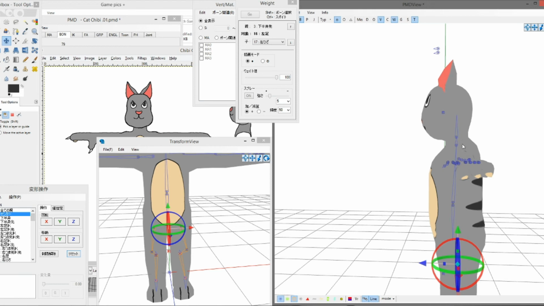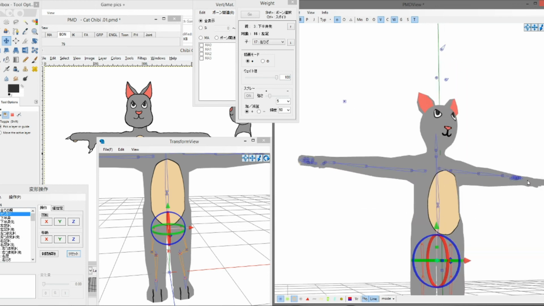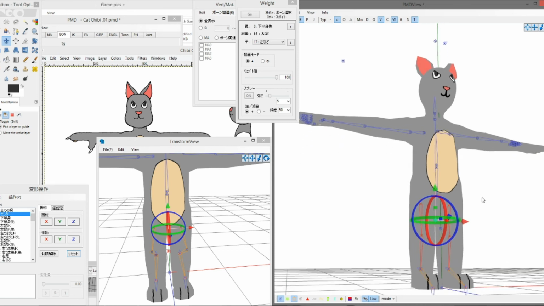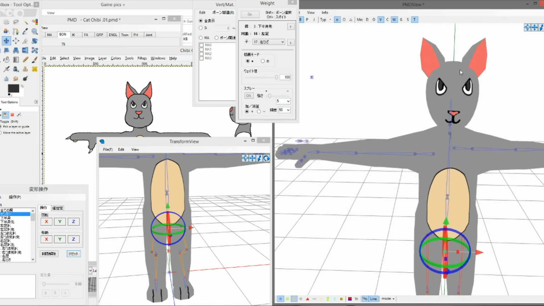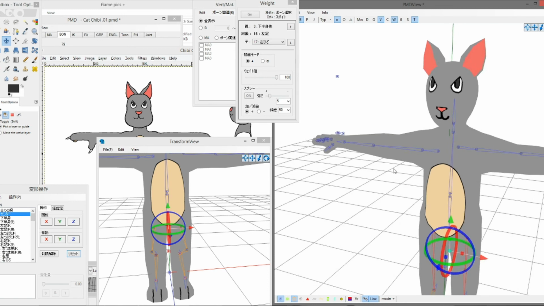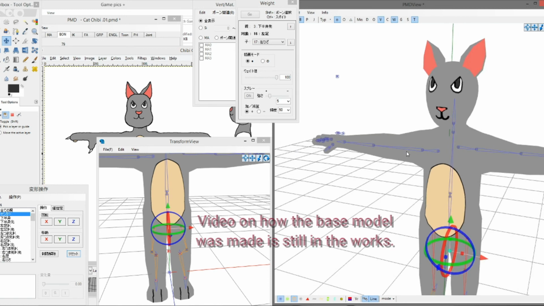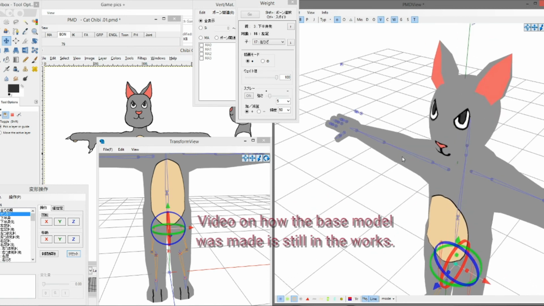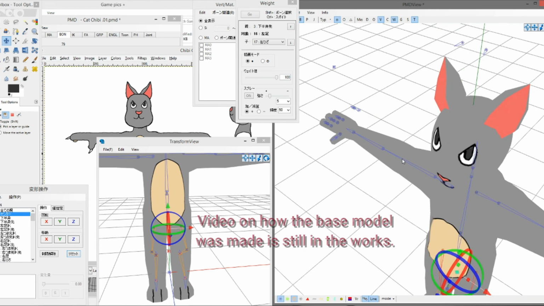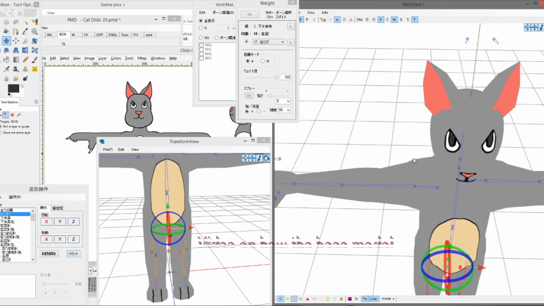I shortened the neck, but I didn't change much of anything else. Everything else is still the same. All I did was add the wrist and the hands and feet, and give it ears, and then I textured them. So yeah, let me know what you think, if you like it or not.